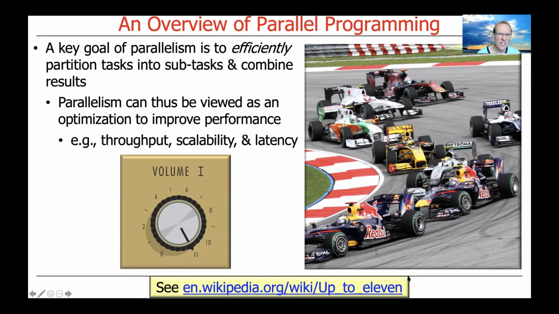Scalability typically works by being able to bring more cores to the party to do more processing in parallel. And latency has to do with what's the delay in starting the work and finishing the work. So they're all related to each other, but they're distinct concepts.